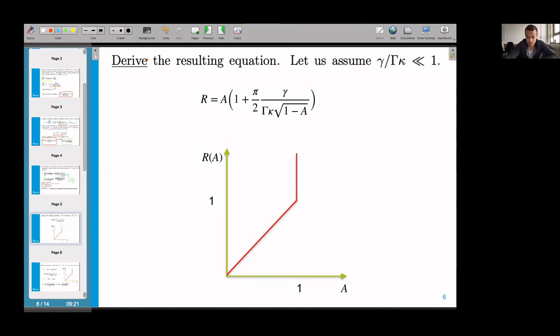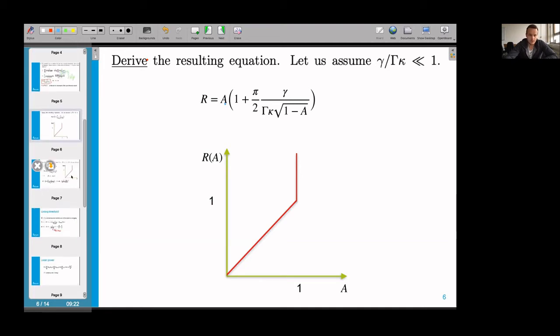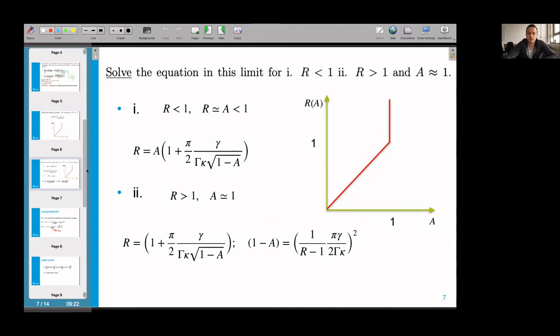We're going to look into detail why this function r of a takes this form. So r is a function of a. It's to solve this equation, but let us look at different cases now, when r is less than 1 and r is of the order of a.